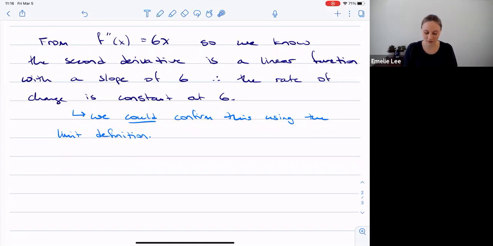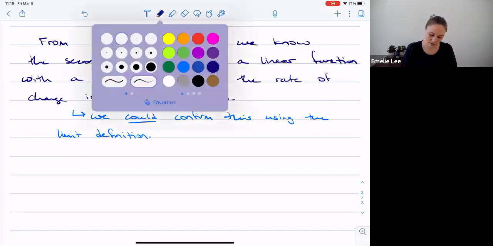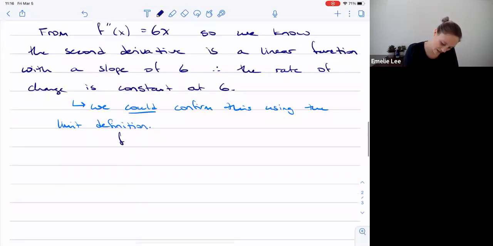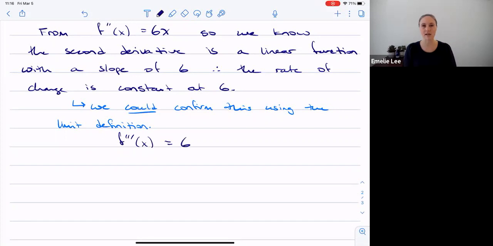So then what we're saying is that the third derivative is just going to be 6. If we think about 6 as a function itself, well, that's just y equals 6. It actually doesn't care what x you put in there. It's just always going to be 6.